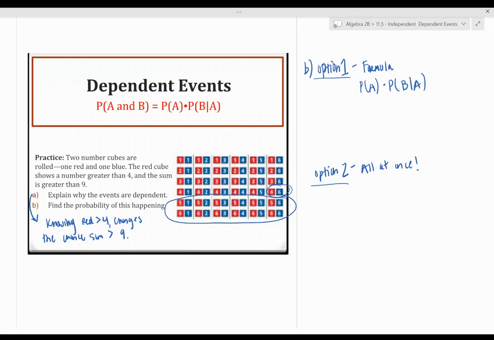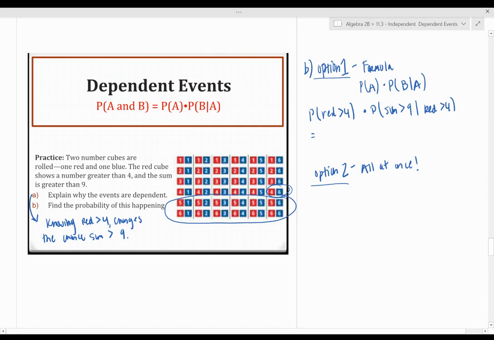So what's the probability of the first thing, a red greater than 4, multiplied by the probability of getting a sum greater than 9 given that we had a red greater than 4.